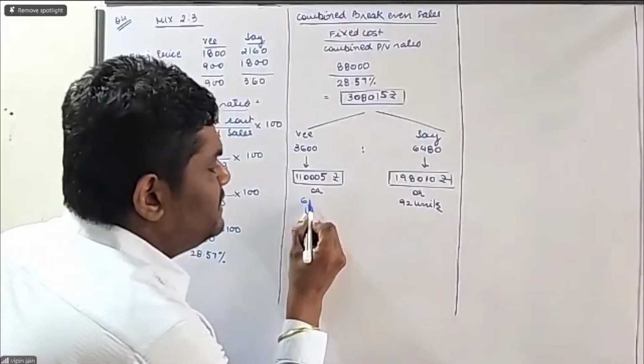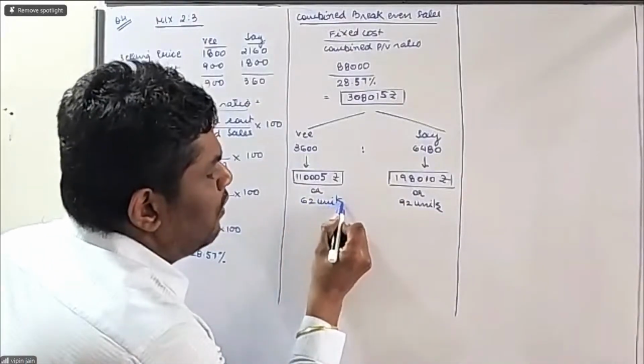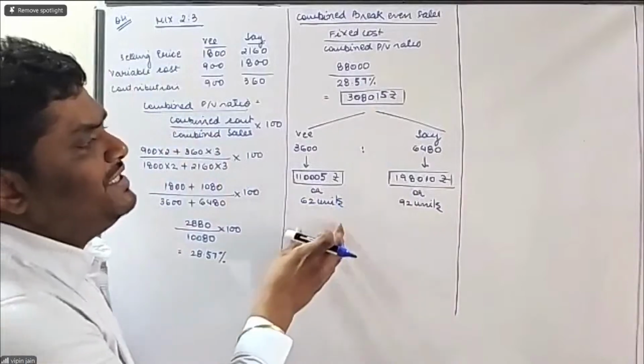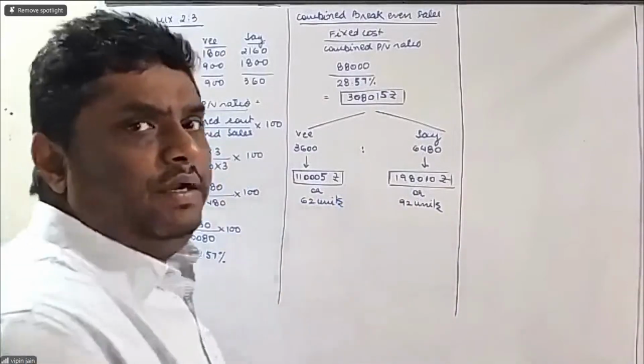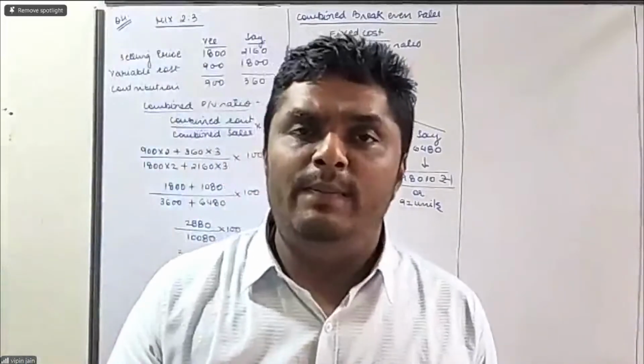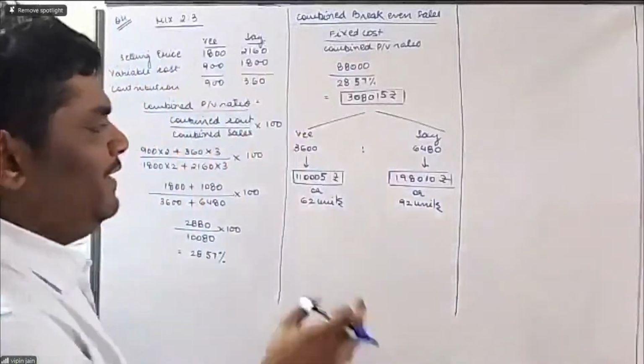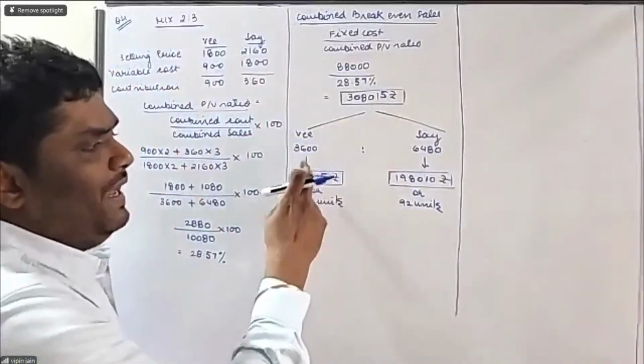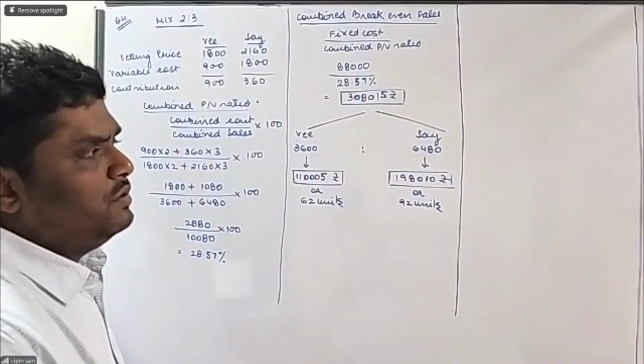For this, it will be 62 units. So this is how the separate break-even sales are calculated. Examiners do ask questions of this type, so guys, do make a note of it. Very simple, guys. Either we can calculate it in rupees or in units.